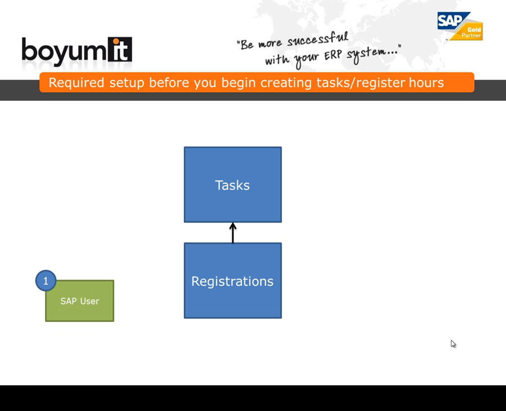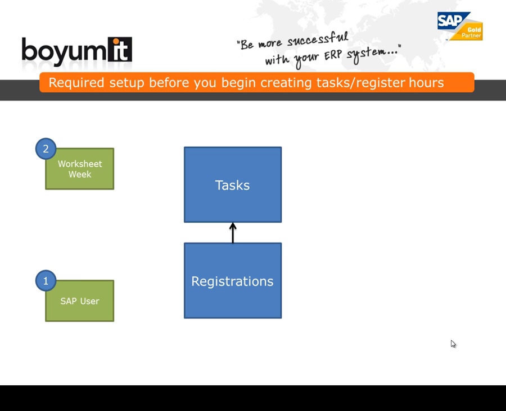First of these, we need SAP users. Everyone needing to register hours needs to have a SAP user. It's not required to have a professional or specific user, only an add-on user is enough, so you don't need additional licenses as such. Second, we need to tell each employee how they actually work in their worksheet week.